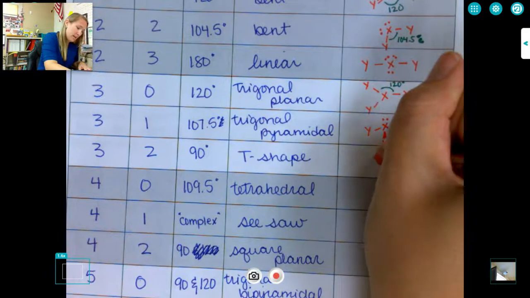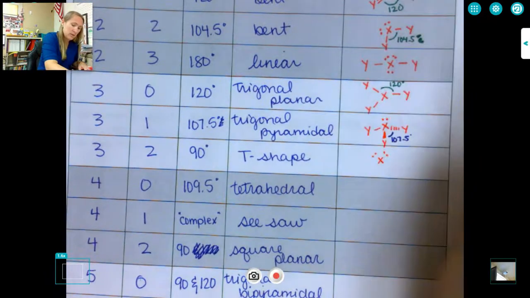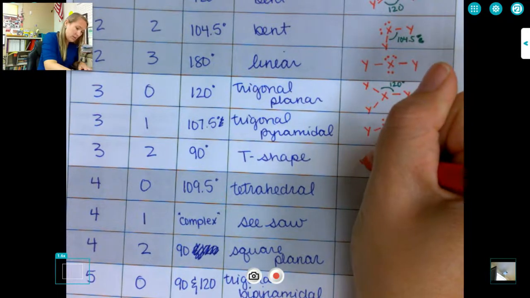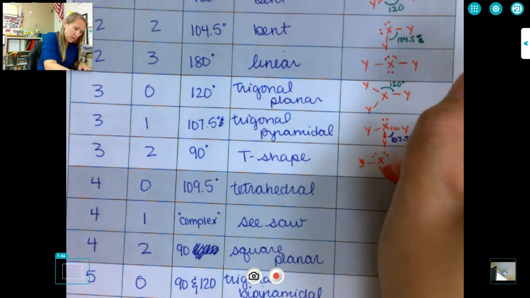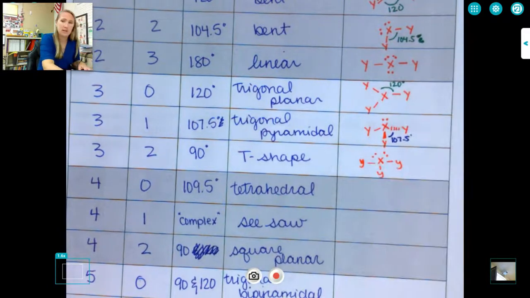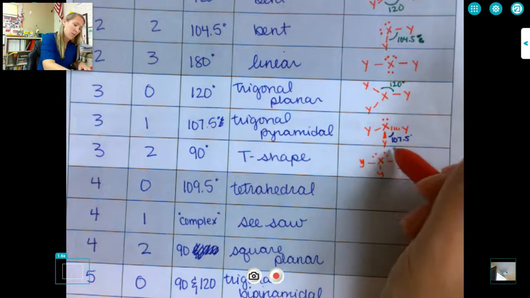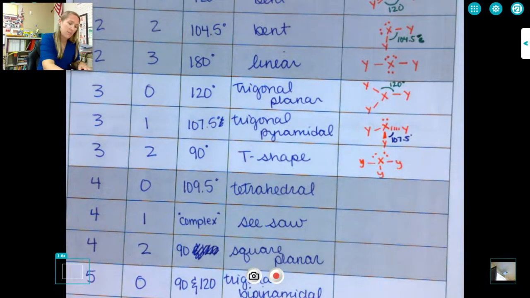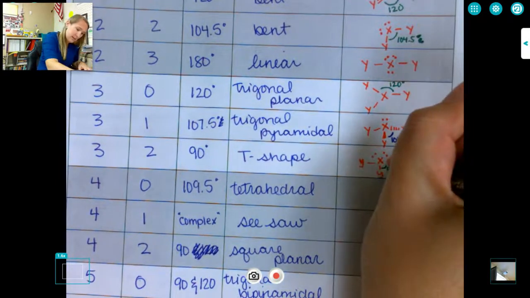And then I'm going to have my two pairs of electrons. And then now they're just going to come out. That's a Y, a Y, and a Y. And I make a letter T. Because now these are taking up all the space up here. These guys are shoved into one little corner to make a T shape. And this is my 90 degrees.